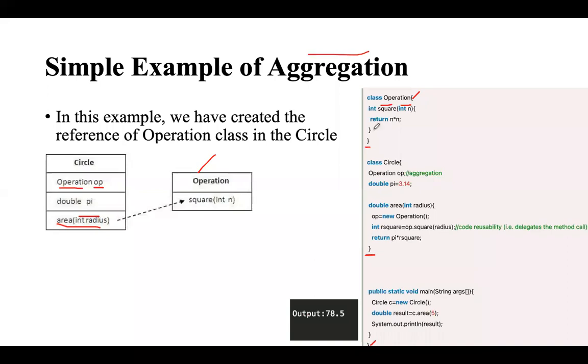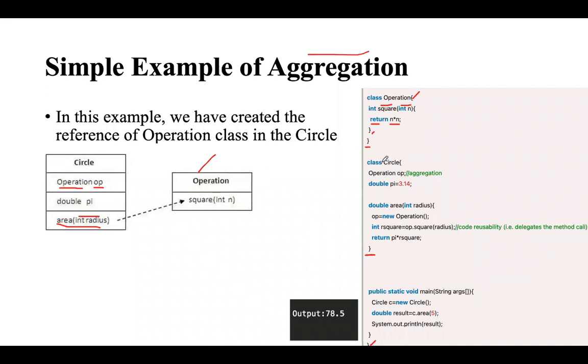Starting bracket of this method, ending bracket, and we are multiplying this n, which is passed as a parameter, with itself, and it will give us the square, and the final value we will return through this method. Where will this value be returned? At the position where we call this method, there we will get this value.